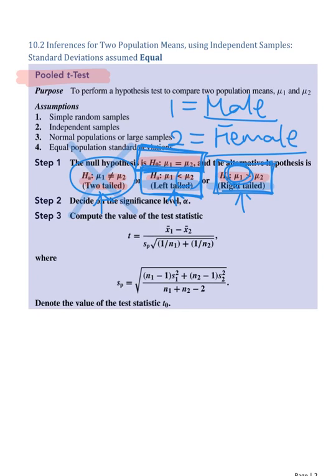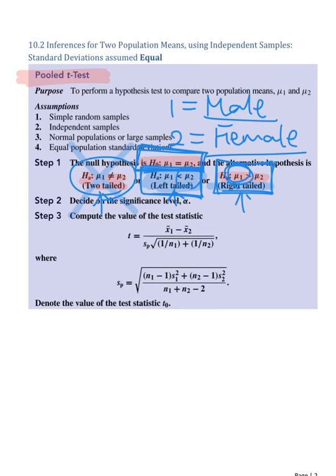You want the left one? Why not? What does that mean? Mu2, female is better. For you, definitely you have to test the left one. The female is better. Or do you want the right one? Male is better? It depends on what you want to do. As for me, I'm neutral. I want to apply two-tailed, right? It's not equal to. Yeah.